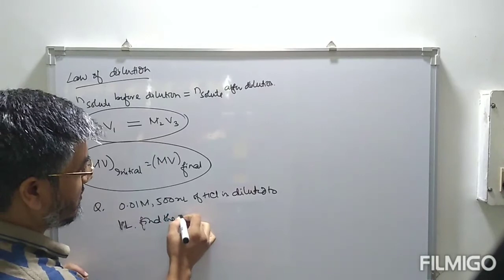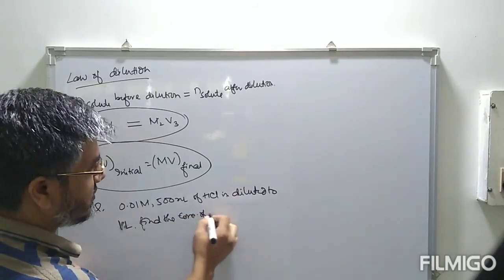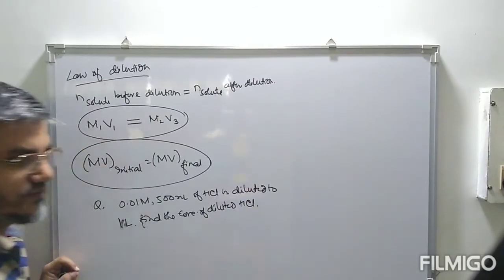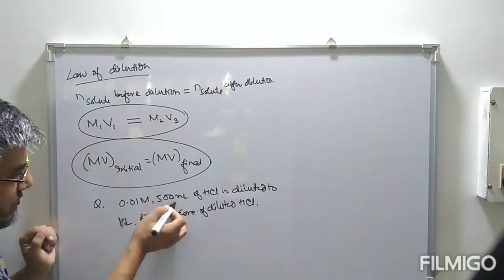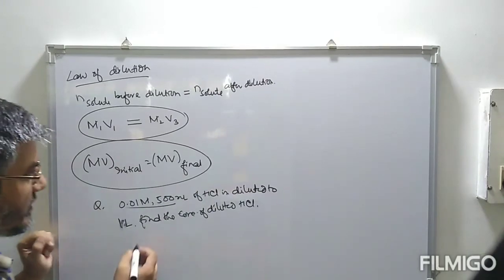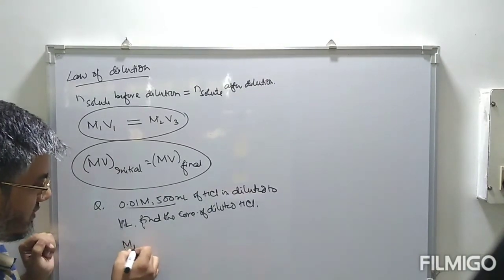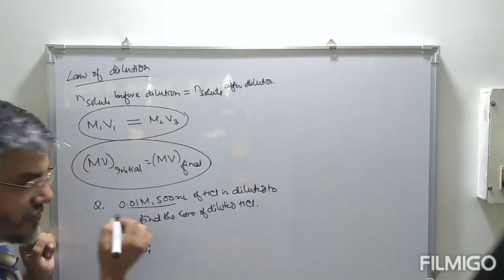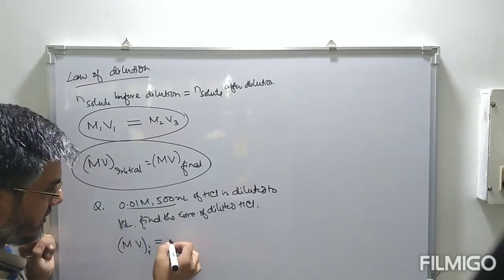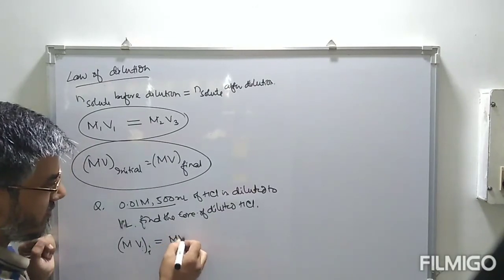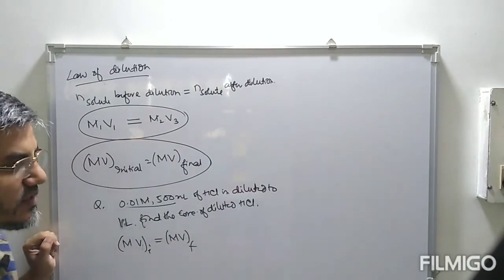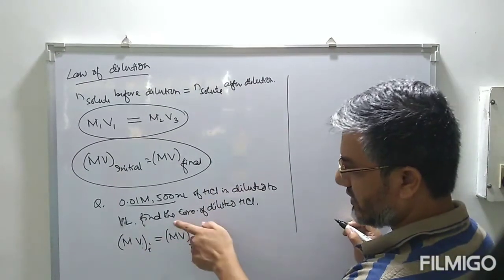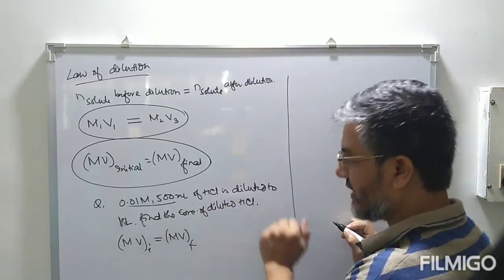Find the concentration of the diluted HCl. So we have this before dilution. So before dilution, that is M1 V1, that is initial. After dilution, we have M V final. So we have to find the concentration of the diluted solution.